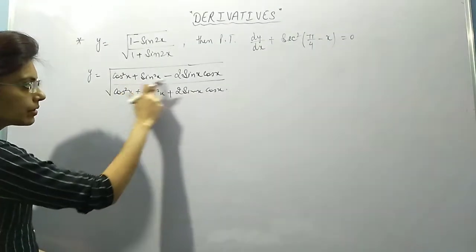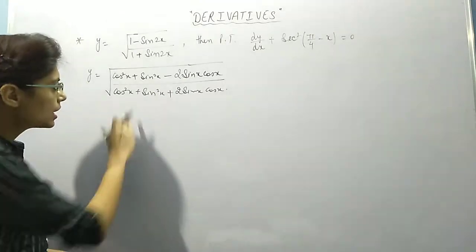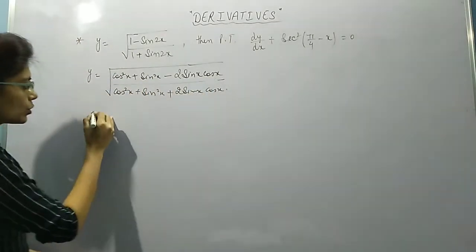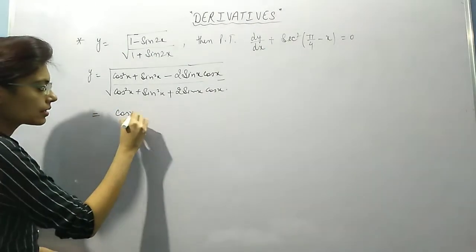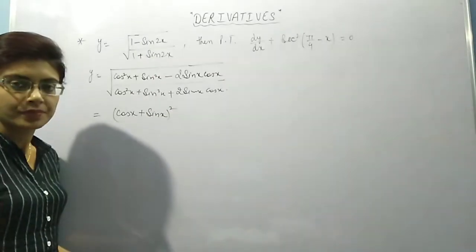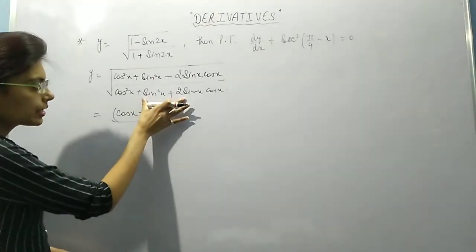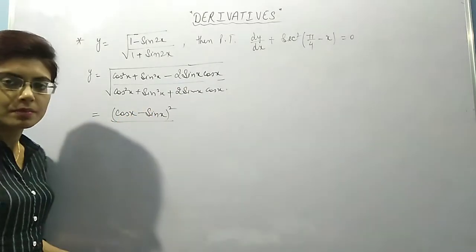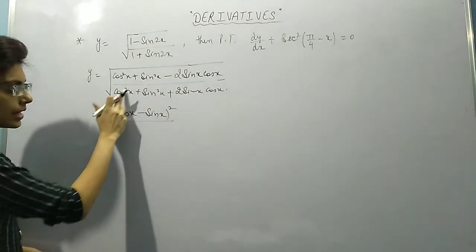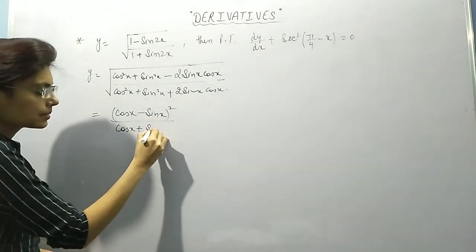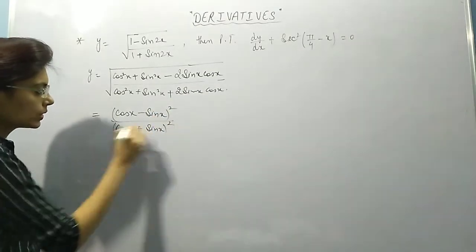Now observe it again carefully. This is a square plus b square minus 2ab, so this becomes a minus b whole square, and in the denominator there is plus, so it becomes a plus b whole square.